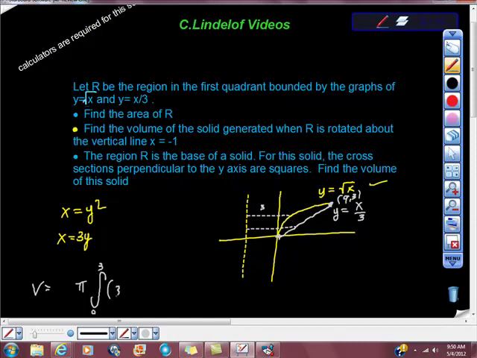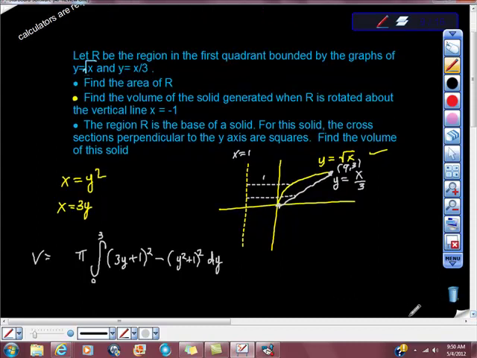So it's 3y plus, sorry, plus 1. This is x equals 1. So plus 1 squared minus y squared plus 1 squared dy. Isn't that right? Okay. So from here we can just use a calculator to solve this.